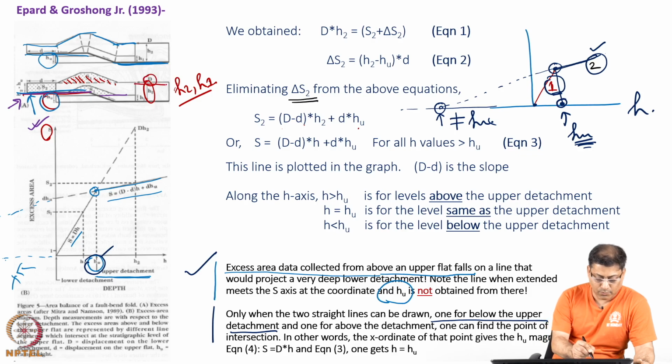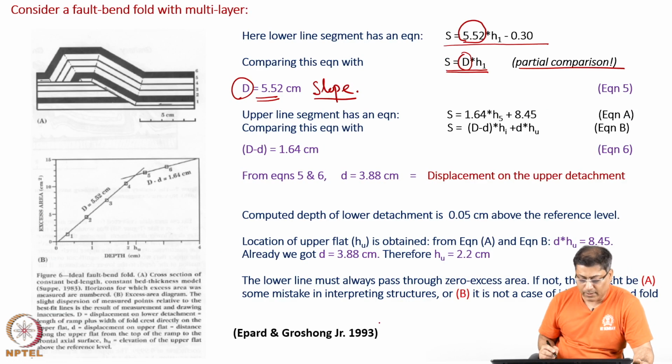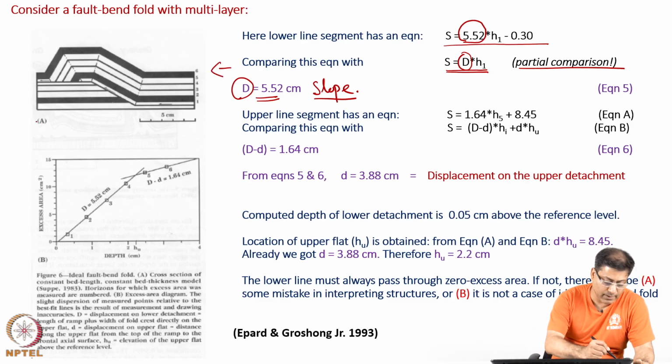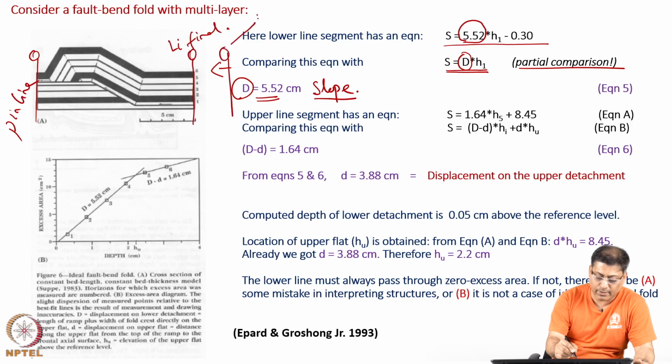D is the total displacement of the pin line. Here in this diagram, we have not shown the pin line, but if you draw, imagine, visualize, then we have to work out that capital D, the movement has been in this direction 5.52 centimeter. Considering that this is a rigid side, this is the pin line and this one is the loose line final. The loose line initial was somewhere here.